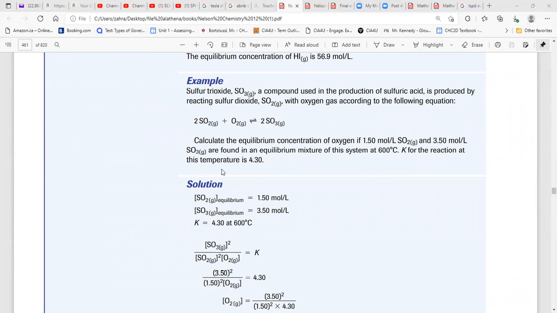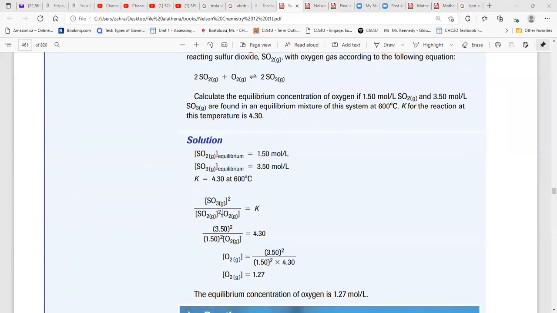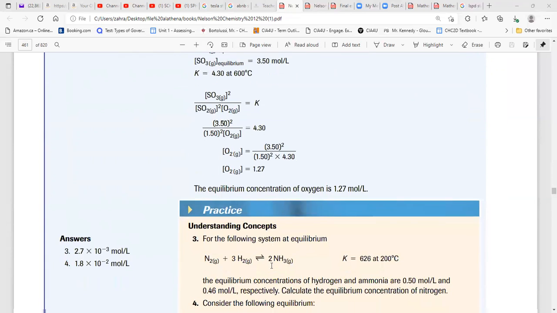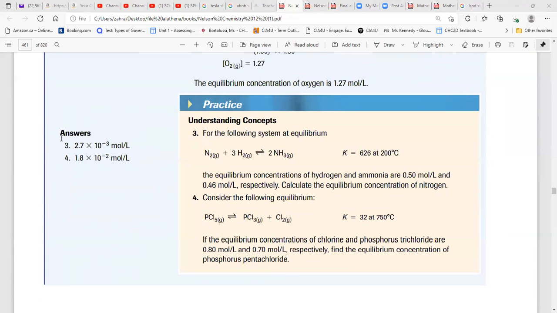Again, you can establish the K constant from this reaction. The K constant is given, and the concentrations of SO2 and SO3 are given. You just need to rearrange for oxygen. To practice, do questions 3 and 4 here.